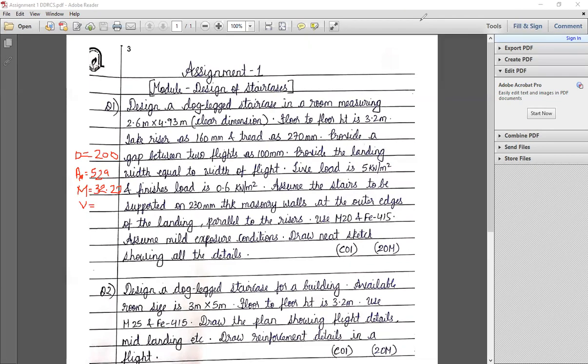How is L effective 3.68? 4.93 is the clear dimension, so add the wall thickness to it, 230 mm on both sides, yes sir. So L effective will be 5.16. How did you get 3 point something as L effective? This is the width, 2.6, the width of the staircase, and the other one is the span. Yes, sir. So you have taken wrong values. Okay, so do the correction, Ojas.